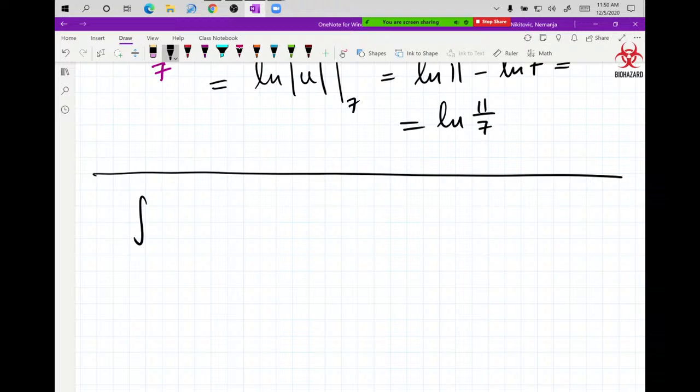So let's say you have tangent squared x secant squared x dx from, let's not use negative, let's just say pi over 6 to pi over 4.